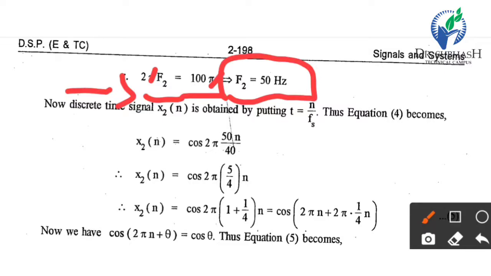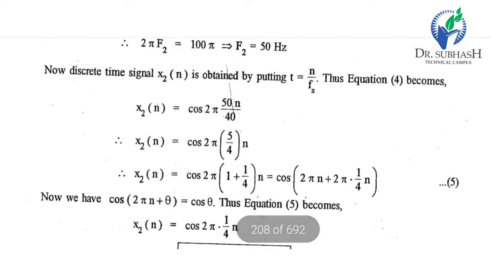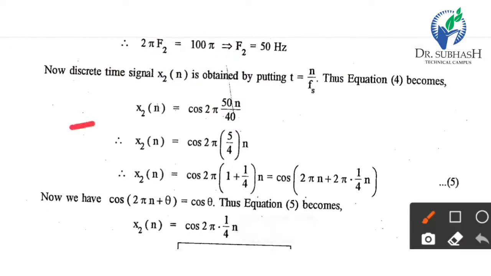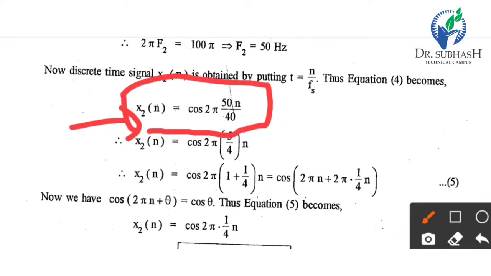Now the discrete time signal x2 of n is obtained by putting t equal to n by fs. So x2 of n equal to cos 2 pi 50 n by 40. Here the zeros cancel. Finally we get x2 of n equal to cos 2 pi 5 by 4 n.